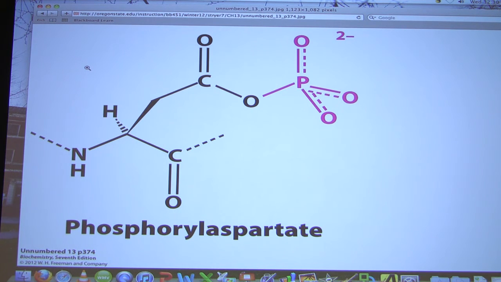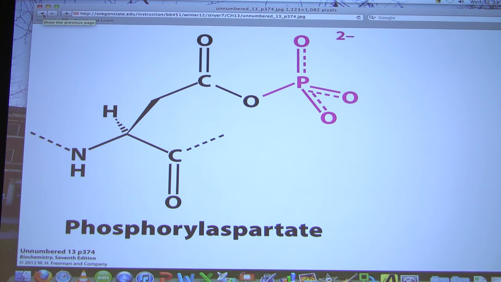These proteins are called P-type transporters, the letter P, type transporters. P-type transporters will have this phosphoaspartate as an intermediate in their action. So phosphoaspartate appears as an intermediate in the action of P-type ATP transport proteins.